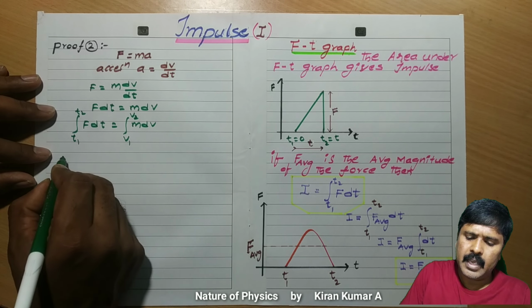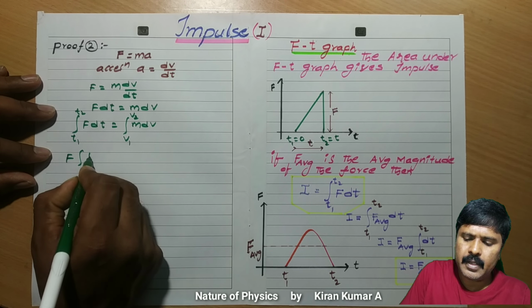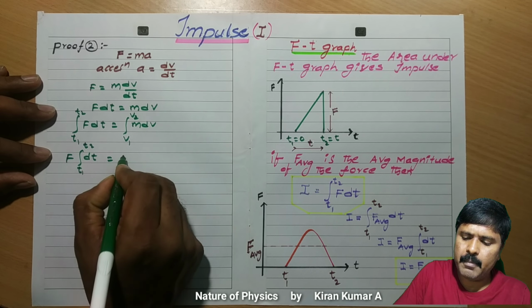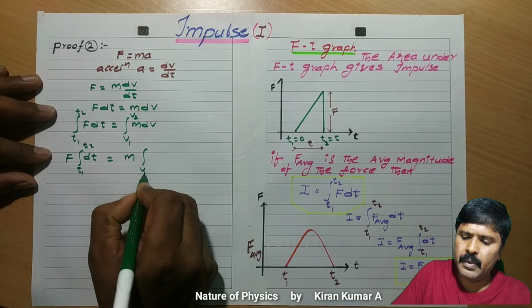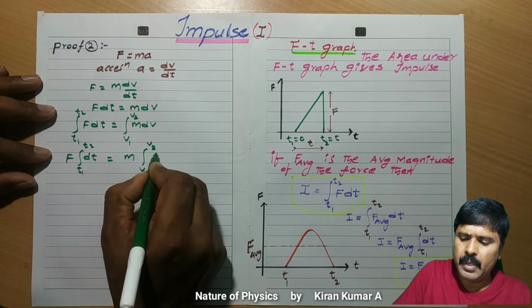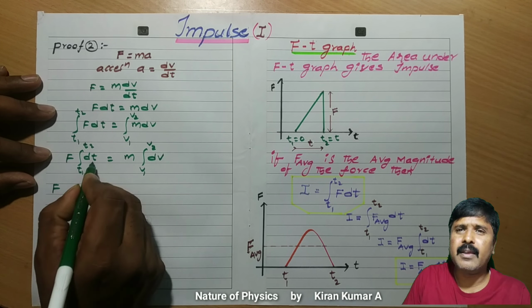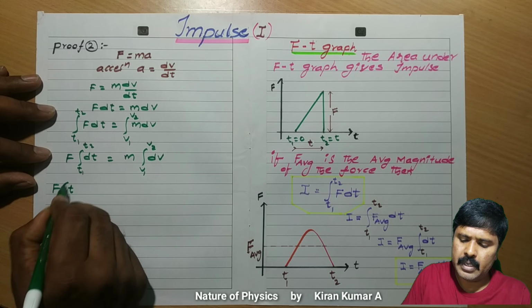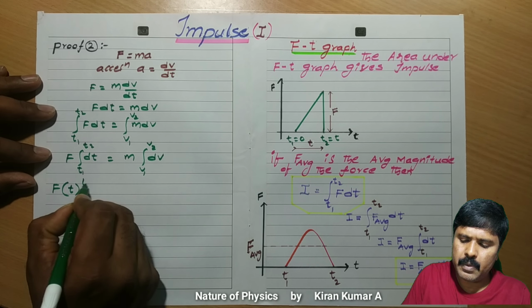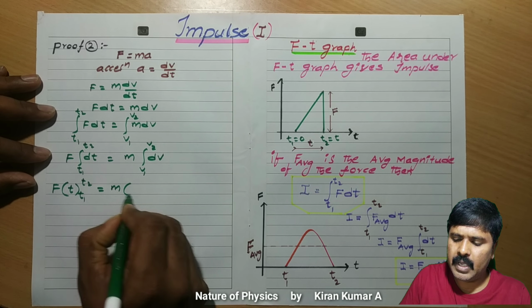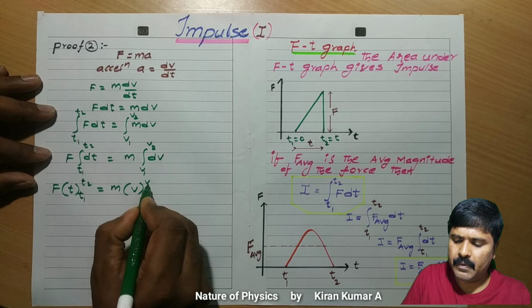And F is common, integral dt from t1 to t2, is equal to m common, integral v1 to v2 of dv, student. Integral dt is t, from t1 to t2, and integral dv is v, so I can write v from v1 to v2.